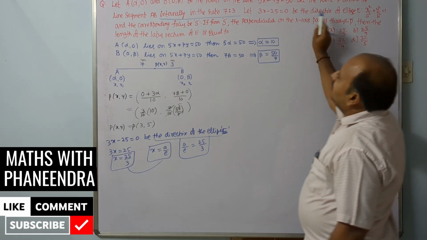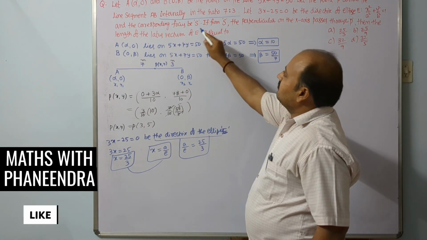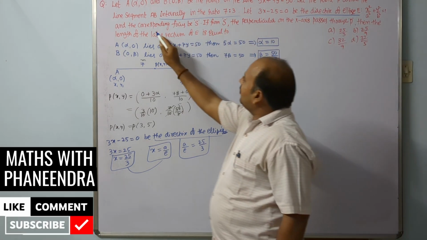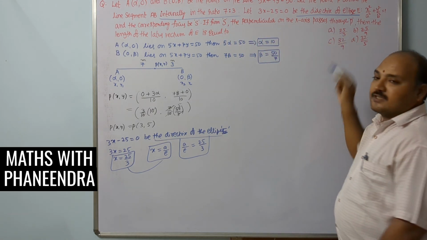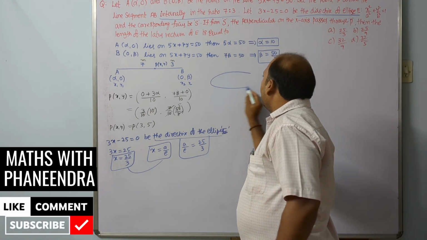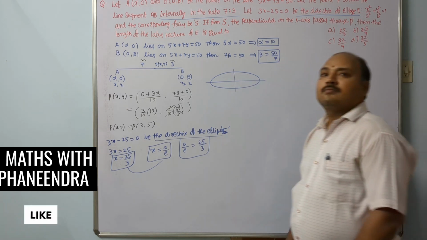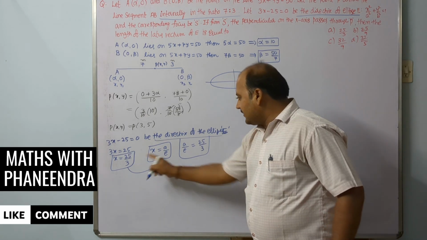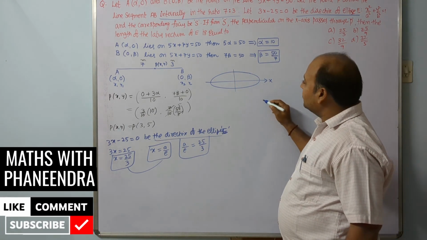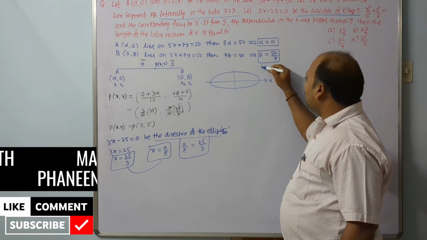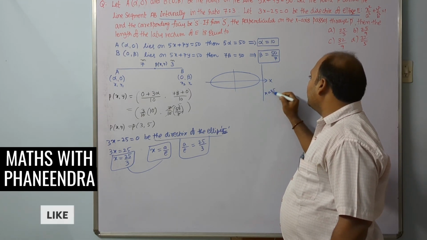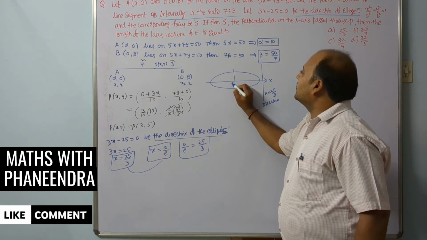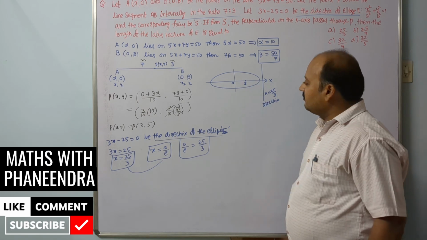Next, and the corresponding focus be S, and the directrix of the ellipse, and the perpendicular from S is to the x-axis. So this is the ellipse equation. This is the x-axis. So here we got x is equal to a by e, x is equal to 25 by 3, which means the line parallel to the y-axis, x is equal to 25 by 3, dear students. That is the directrix equation. Next is the center. This is the focus.